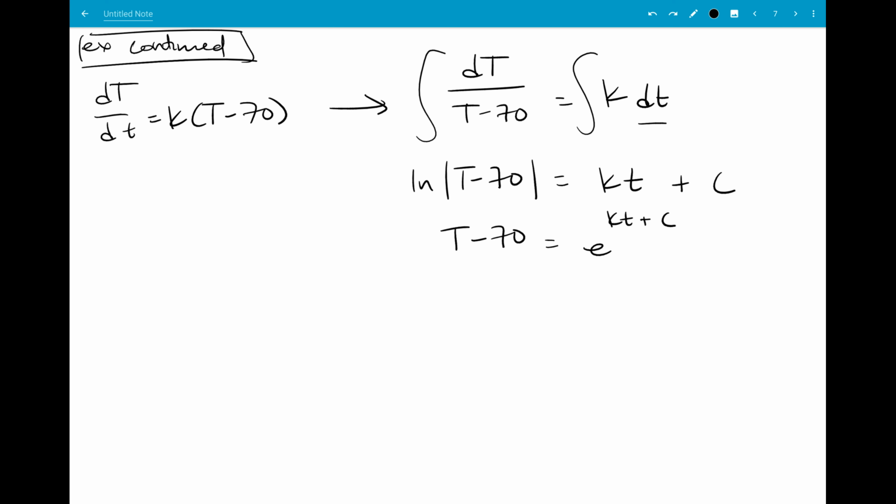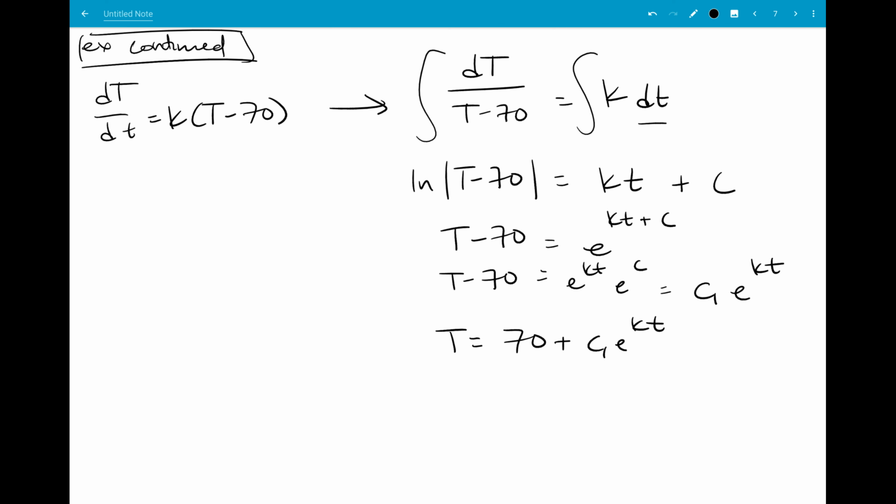So that's equal to e to the kt times e to the c. You can always do that with sums inside exponents. So I'm just going to say some constant times e to the kt, or T is equal to 70 plus c1 e to the kt.